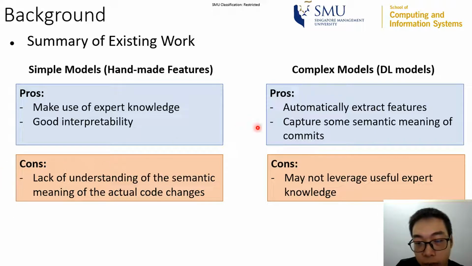Complex models can automatically extract features and capture some semantic meaning of commits, but they do not leverage the useful expert knowledge. Another finding is that the good thing of simple models usually is the bad thing of complex models. So we think simple and complex models seem to be complementary to each other.